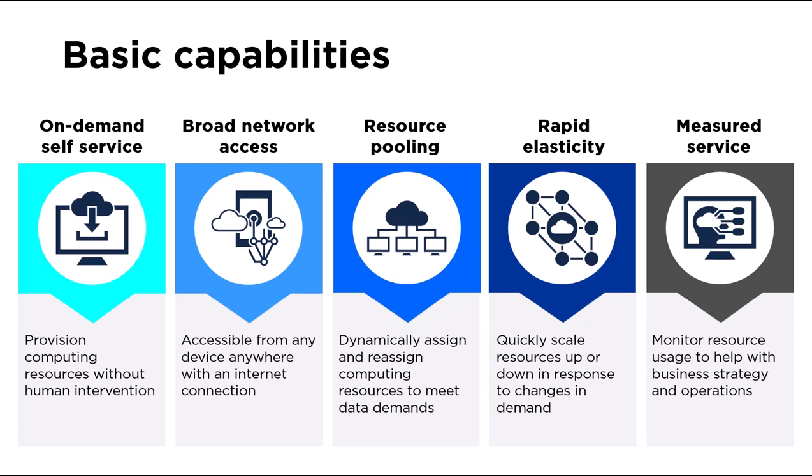Broad network access is accessible from any device, anywhere with an internet connection, which means businesses are not beholden to the geographic areas that they locate and have the ability to scale and reach more audiences. And anyone with access to a device or mobile device can function on these capabilities.